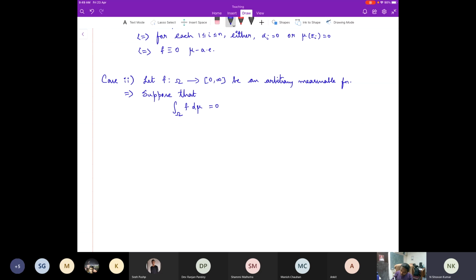Note that the set of all x in omega such that f(x) is non-zero, because all these values are in [0, infinity) and greater than 0, is the same as the union over n in N of all those x in omega such that f(x) is bigger than 1 by n.